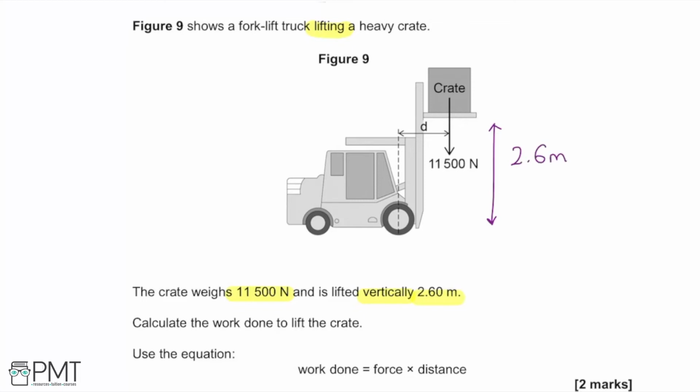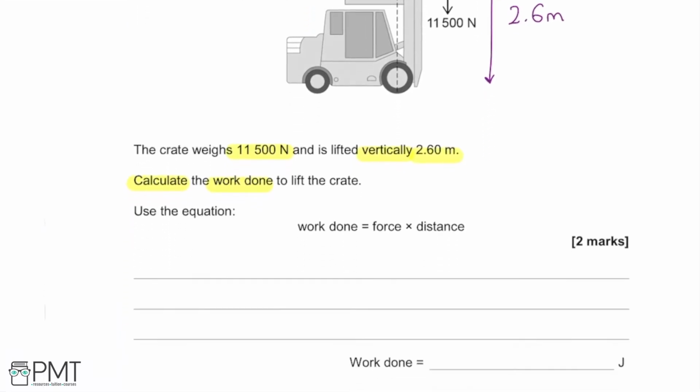Then we're asked to calculate the work done to lift the crate, and we're given the equation work done equals force times distance. So we are given the force used to lift the crate here in the question, and we're given the distance through which it's lifted. So we can work this out. So using the equation, we have the work done is equal to the force, which we have here as 11,500 newtons.